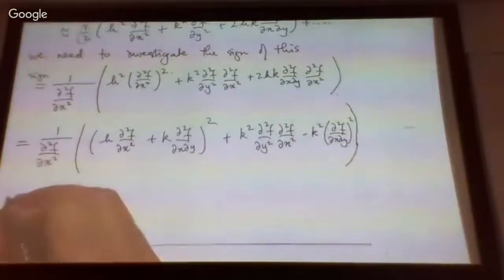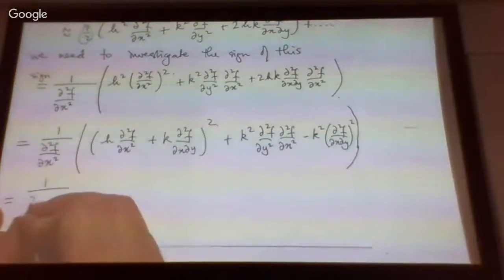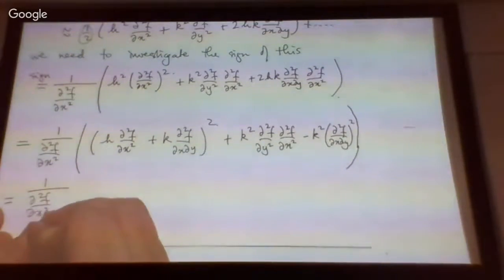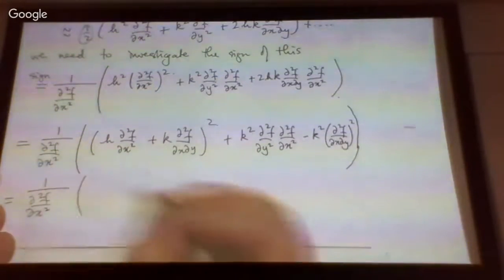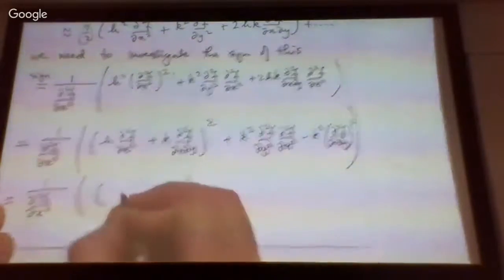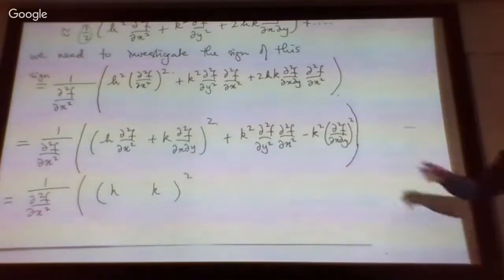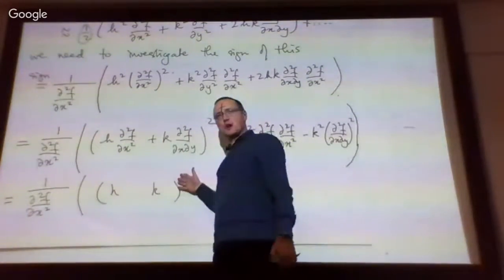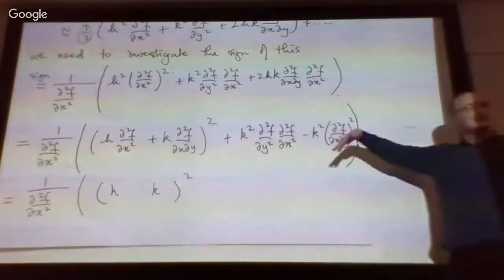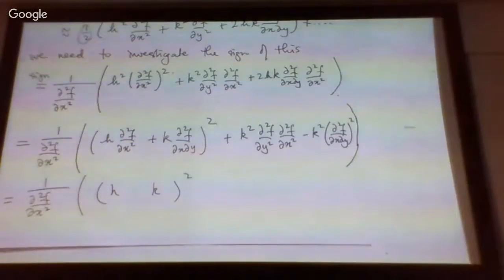Okay, so the reason this is good is because I have 1 over d2f dx squared here. This is the square of something involving an h and a k. I'm now no longer that interested in exactly what's going on in there, because it's a square of something. Remember, I'm trying to decide the sign of this thing. And if it's a square of something, I know that that part is always positive.